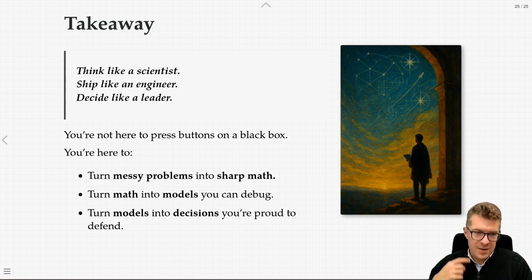We're here to take messy problems, messy tasks, maybe somewhat ill-defined, and sharpen them into what I call sharp math, but this also means concise and correct code. To take that sharp, crisp, correct math and code into models that we can debug, and then to turn these debugged models into deployable decisions that we're proud to defend.